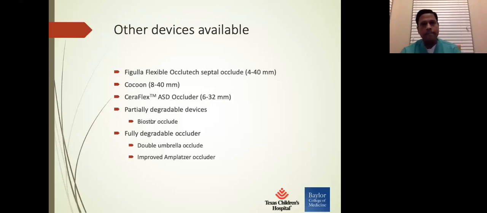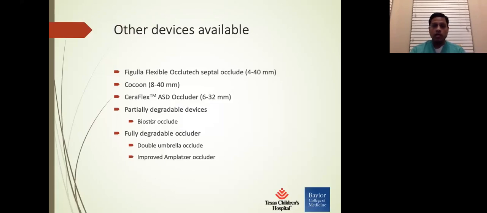There has been a lot of research into biodegradable devices. None has been commercially available yet. There are partially biodegradable devices such as BioStar Occluder, in which there is a plastic frame over which a biodegradable material is mounted. Over a period of time, the biodegradable material resolves, leaving a plastic frame behind. So that's why it's partially degradable.